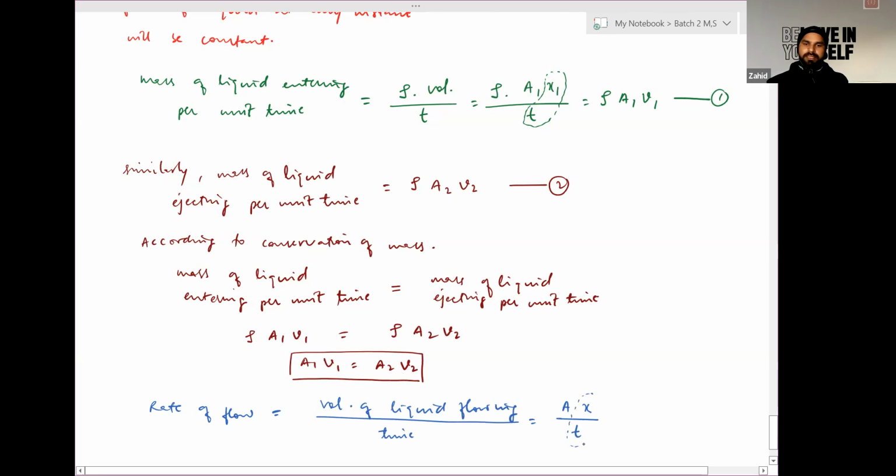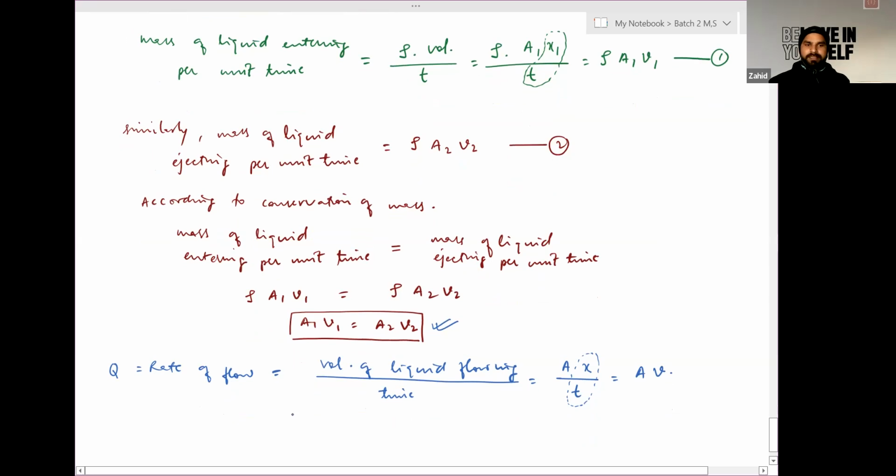This length per unit time is called velocity. So this product of area and velocity is called rate of flow of liquid, represented by Q, which is the same as what we derived above.